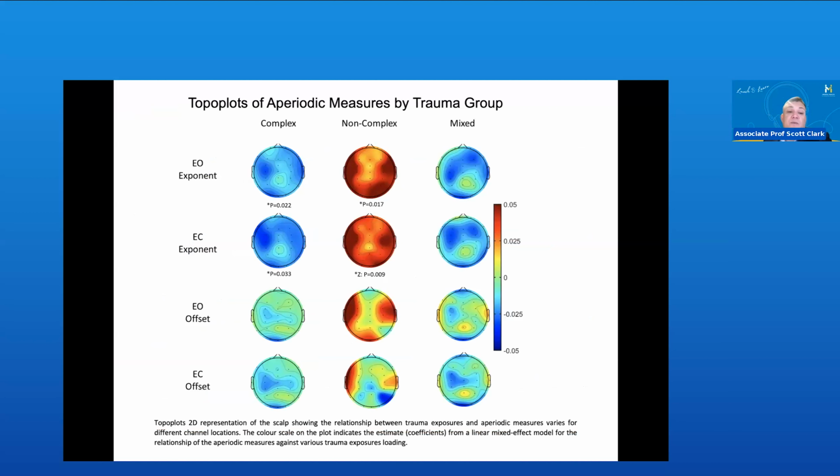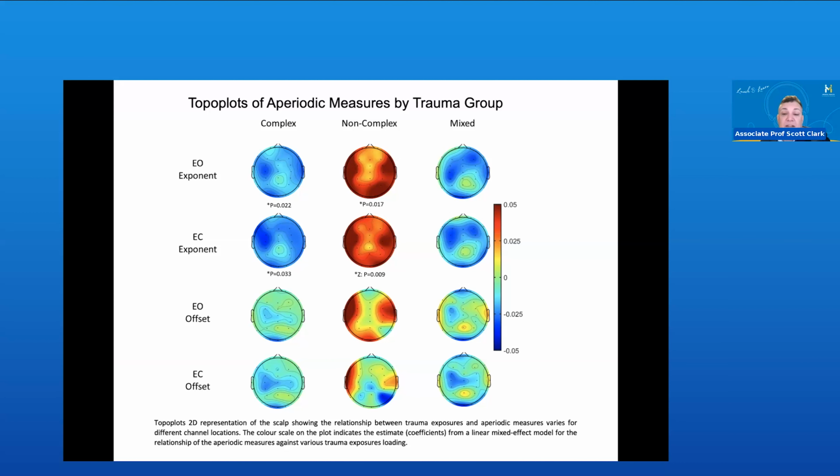We ended up with some complex patterns like this, and you can see there is a signature associated with non-complex or combat trauma that was the exact opposite of complex or developmental trauma.